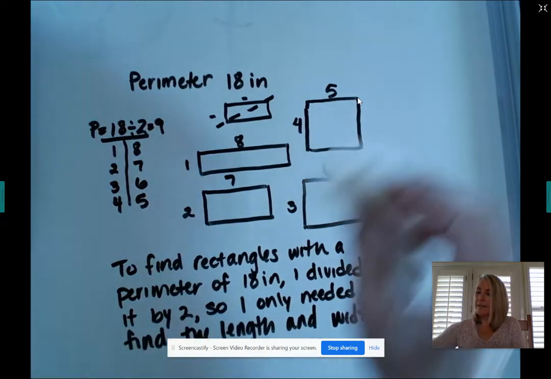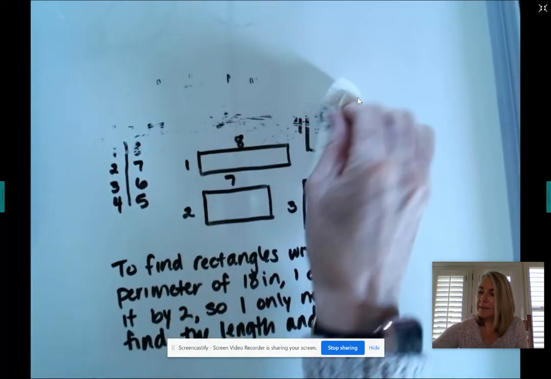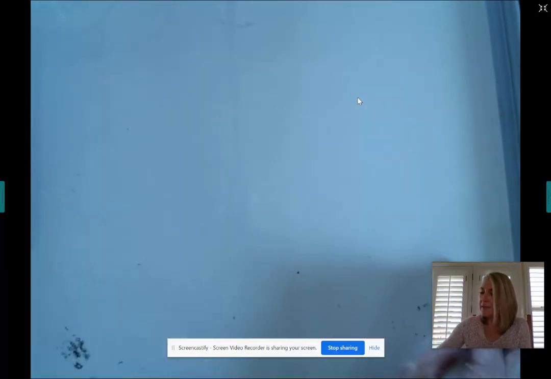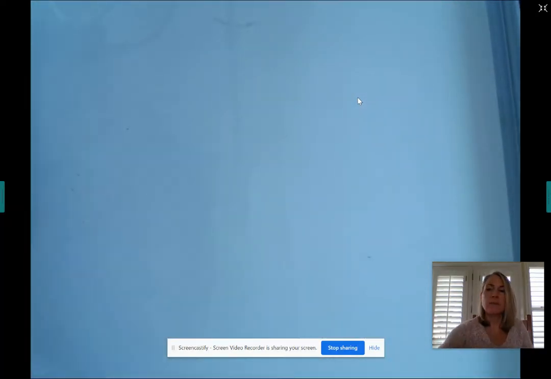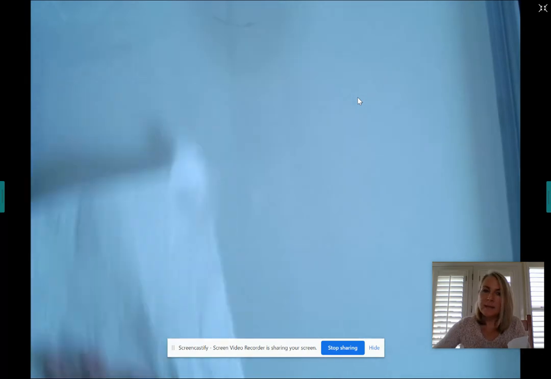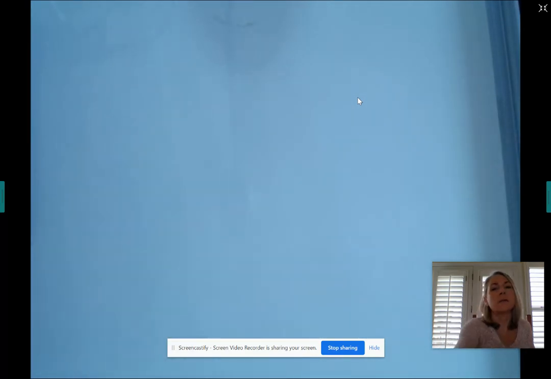All right, let's take a look at what other kinds of problems this particular lesson is going to ask you to do. So that should cover what you're being asked to do on the front. Now, the back side of your homework is really going to give you different perimeters and ask you to identify possible side lengths for them, right?